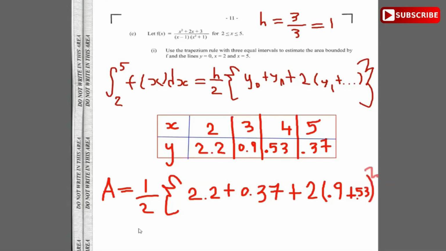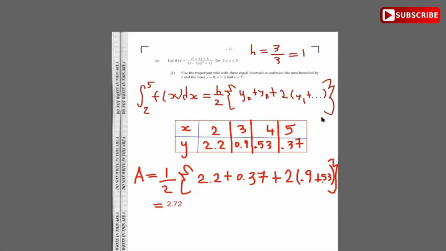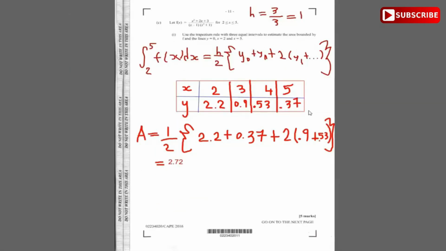Let's put all of this in our calculator: 2.2 plus 0.37 plus 2 times 0.9 plus 0.53, divided by 2, and I get 2.72. So that's the area I'm getting using trapezium rule. Nice.